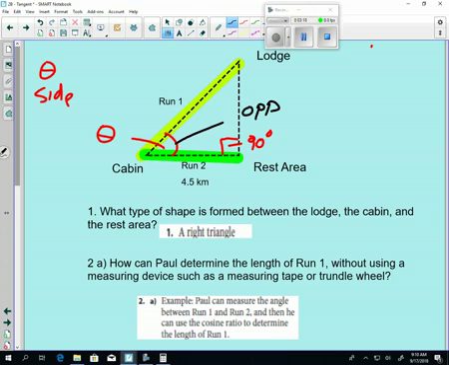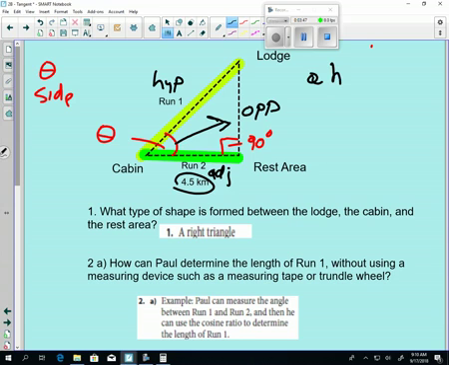The side opposite the right angle is my hypotenuse, and the only other side left is my adjacent side. So what is given here? The 4.5 kilometers, that's my adjacent side. I want to find out how far the run is. Well, that means I have to find the hypotenuse.